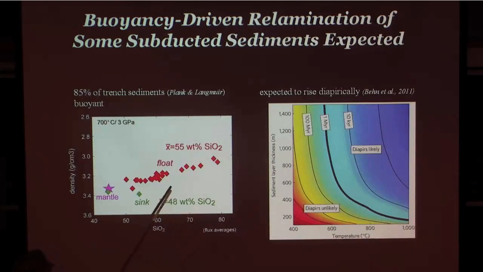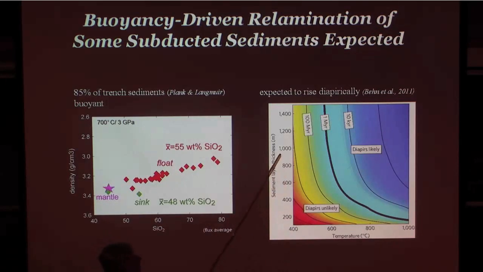And if we look at the compositions of trench sediment that have been reported and we calculate their densities appropriate to subarc depths, in fact, most of the sediment is buoyant with respect to the mantle. There's nothing to indicate that it should magically go downward. And Mark Behn did some simple calculations of whether subducting sediment should rise.